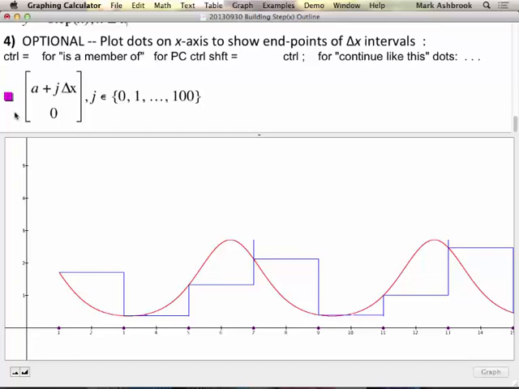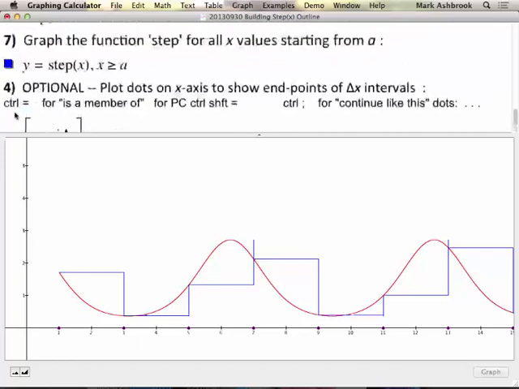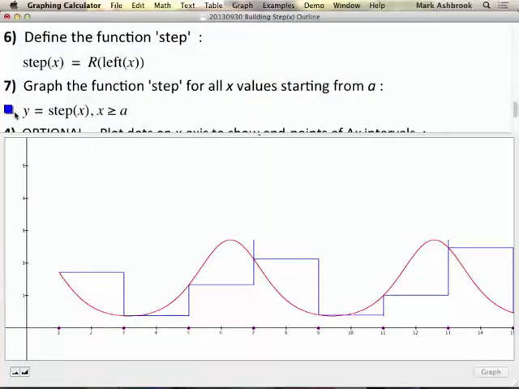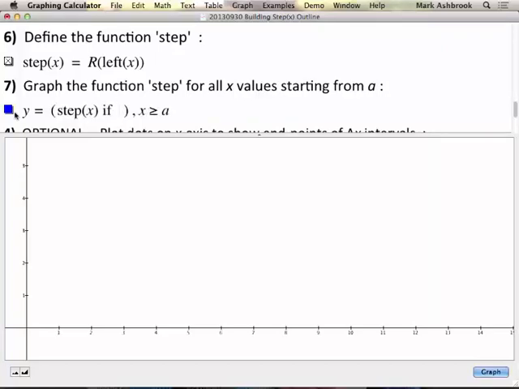So here's what we do. We want it to graph everywhere except at the endpoints of the intervals. So we want to graph Y equals step X if X is not equal to the end of an interval.